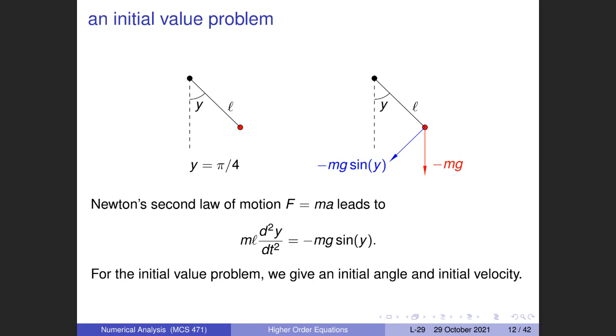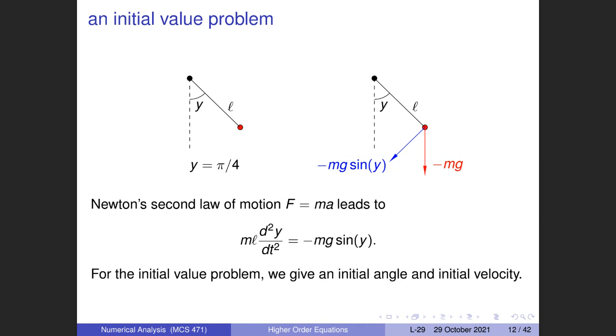So this force, we have the gravitational force, and the gravitational force has a component, the red arrow. Then we have the blue arrow that essentially is used in the right-hand side of our second order differential equation. All right, I'm probably not explaining this quite well.